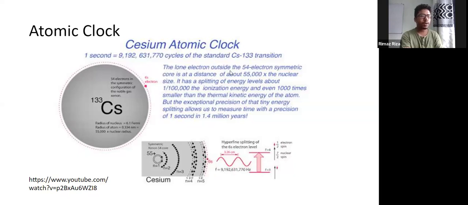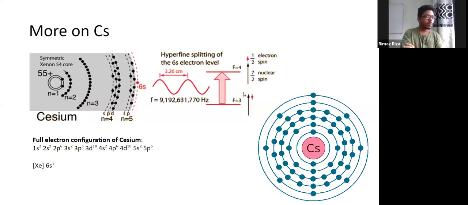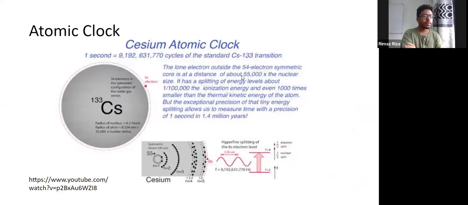The lone electron outside, that means the outermost electron, that's a lone electron outside the 54 electron symmetric core, is at a distance about 55,000 times the nuclear size. It has a splitting of energy levels about 1 out of 100,000 of the ionization energy and even 1,000 times smaller than the thermokinetic energy of the atom.